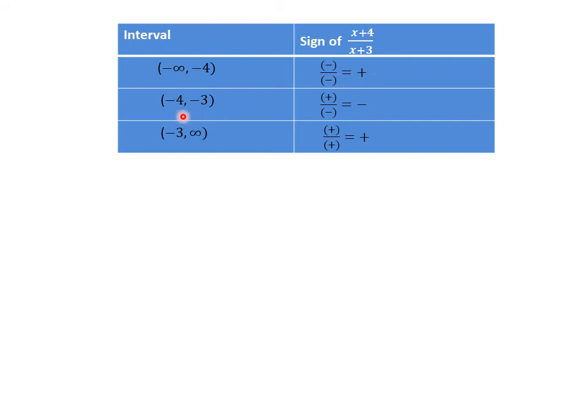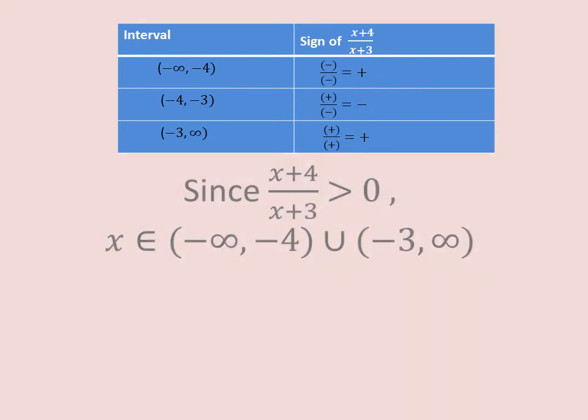Next interval, minus 4 to minus 3. In between these two values, you can take minus 3.5. The numerator is positive, the denominator is negative, so positive divided by negative is negative. Then minus 3 to infinity. Here we can take 0. If you take 0, it means 4 by 3, that is positive. Positive divided by positive is positive.